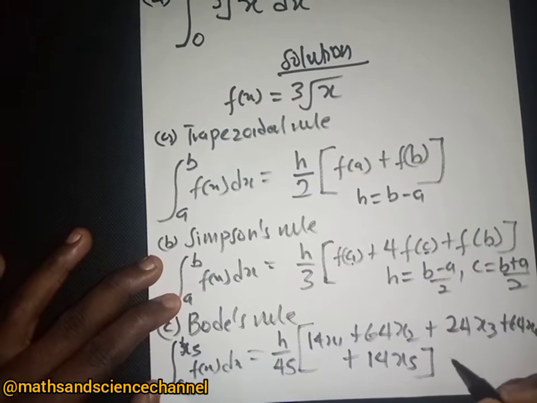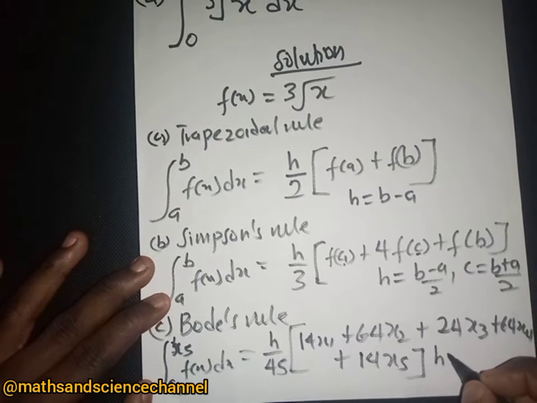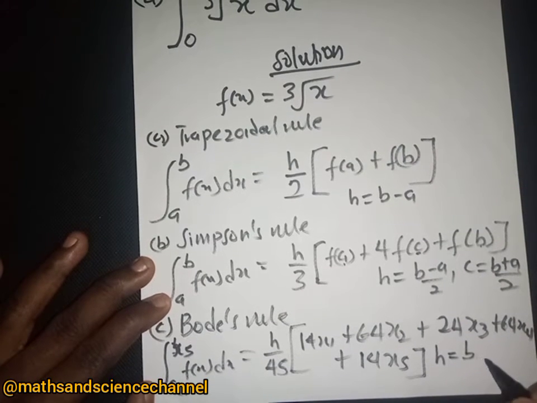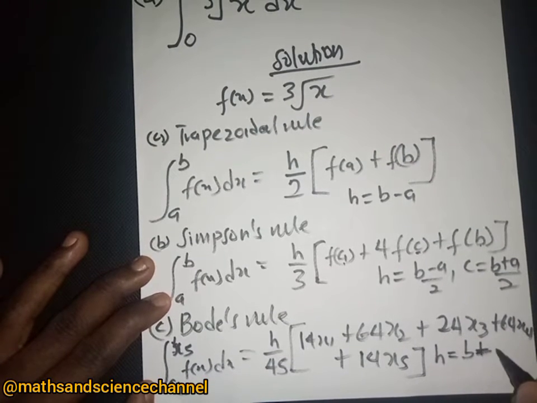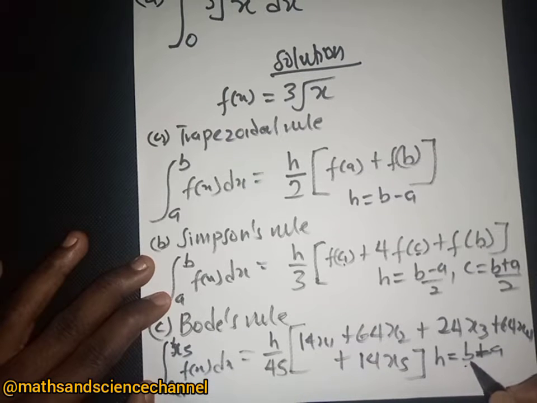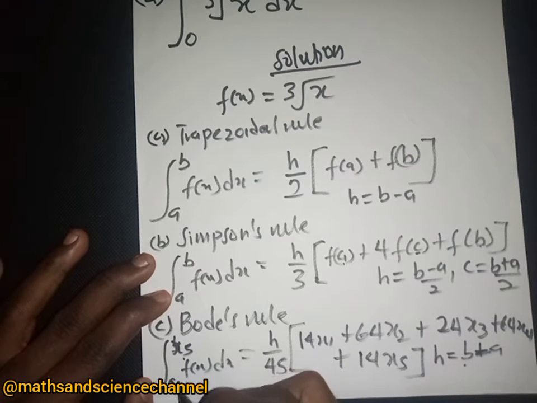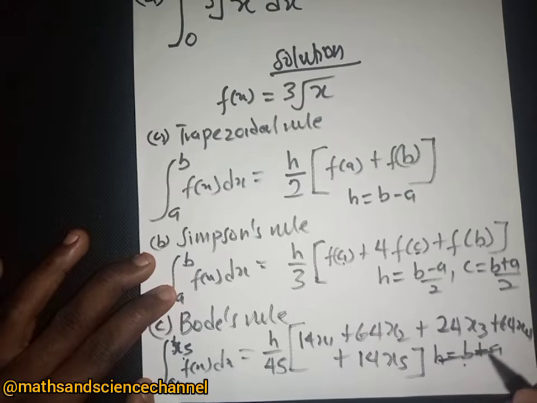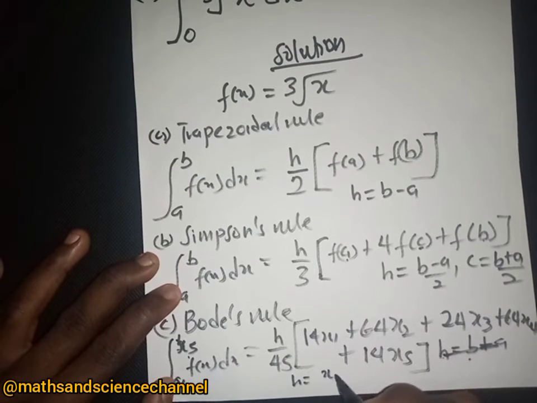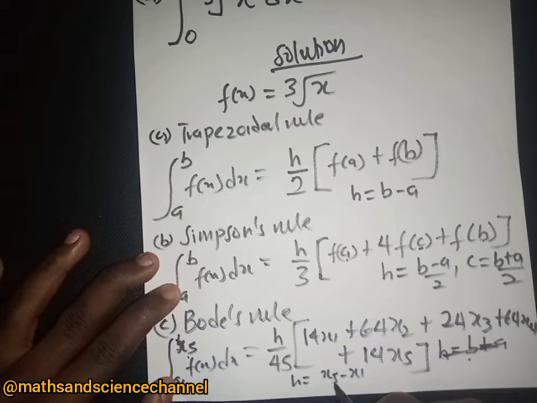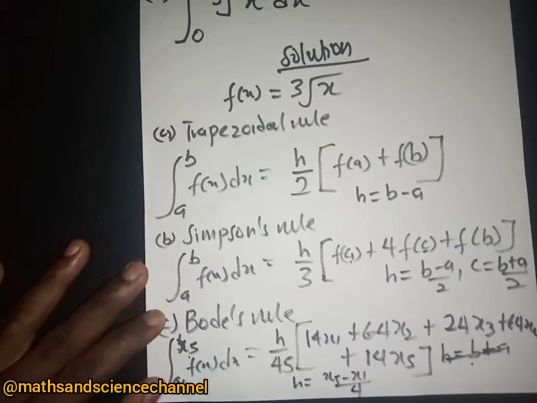That's basically the Bode rule, and h in this case is given by x5 minus x1 divided by 4.